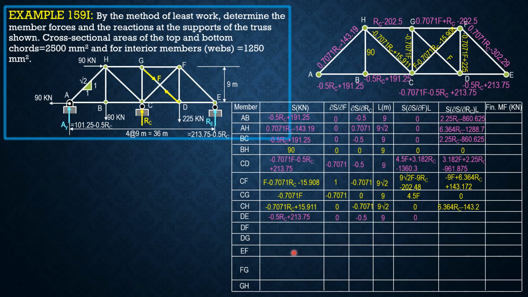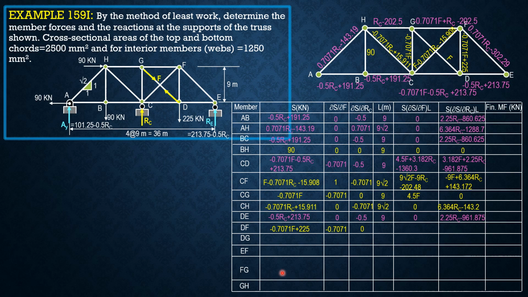EF, 0.7071 RC minus 302.29. So 0, 0.7071. Length is 9 square root of 2. 0 product here. Then here it is 6.364 RC minus 2720.7.